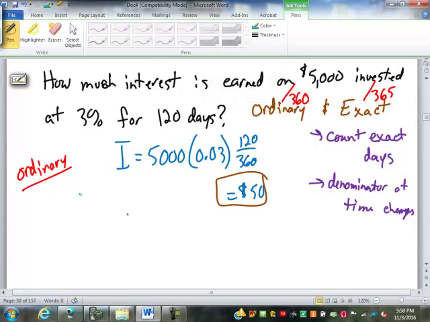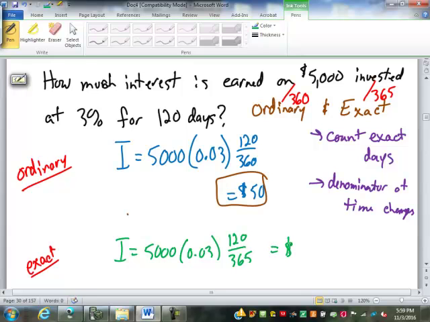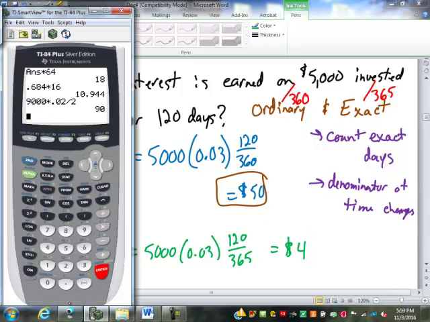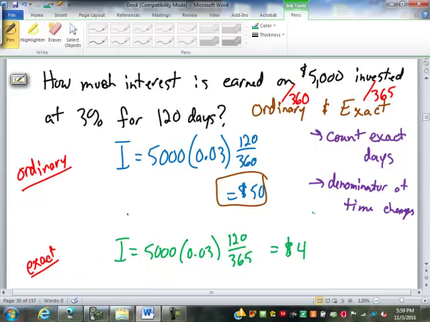Let's do it again now with exact interest. So 5,000 times 0.03 times 120 over 365. That ends up being how much? $49.32?